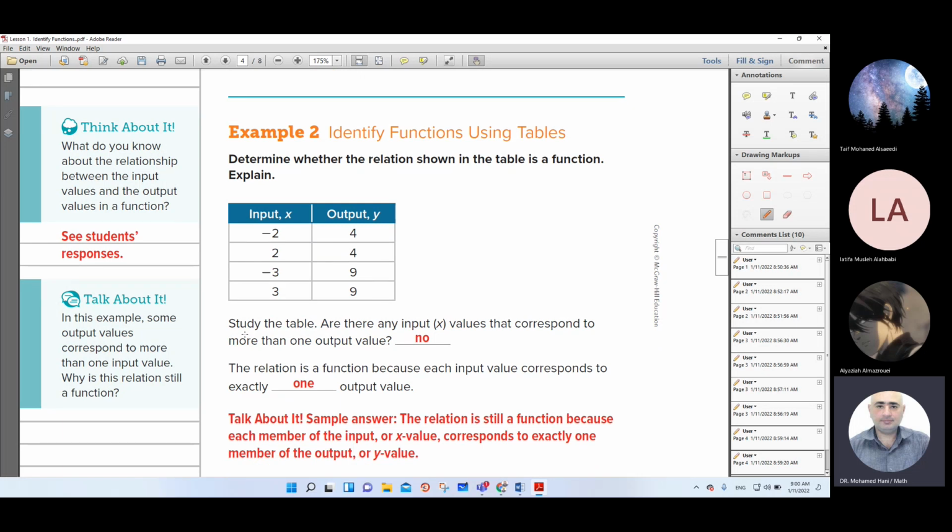Study the table. Are there any input x values that correspond to more than one output value? No. -2 only goes with 4, 2 only goes with 4, -3 only goes with 9, and 3 only goes with 9.